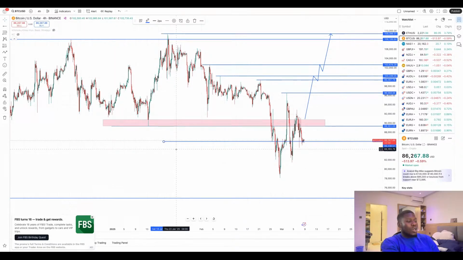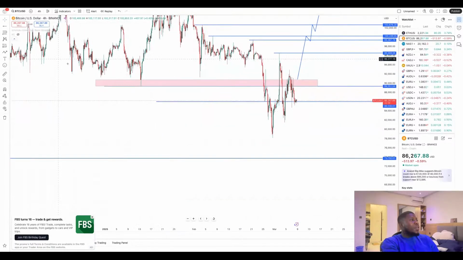The help of a minor swing, in the sense that if I have this zone as my major support and a coin is coming down like this, coming down this way, coming down this way, now coming down to my support, and it bounces at my support.